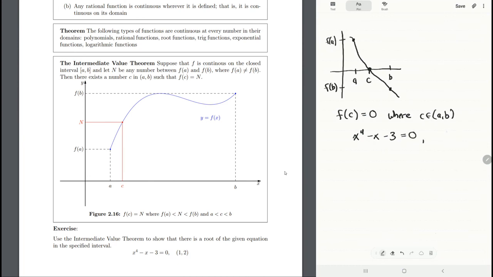And we want to show that there is a root of this equation within the interval from 1 to 2. So here we want to use the intermediate value theorem. So we need to define our function, f of x. So we're going to let our function be equal to the left-hand side of the equation. So we'll let it be equal to x to the 4 minus x minus 3.